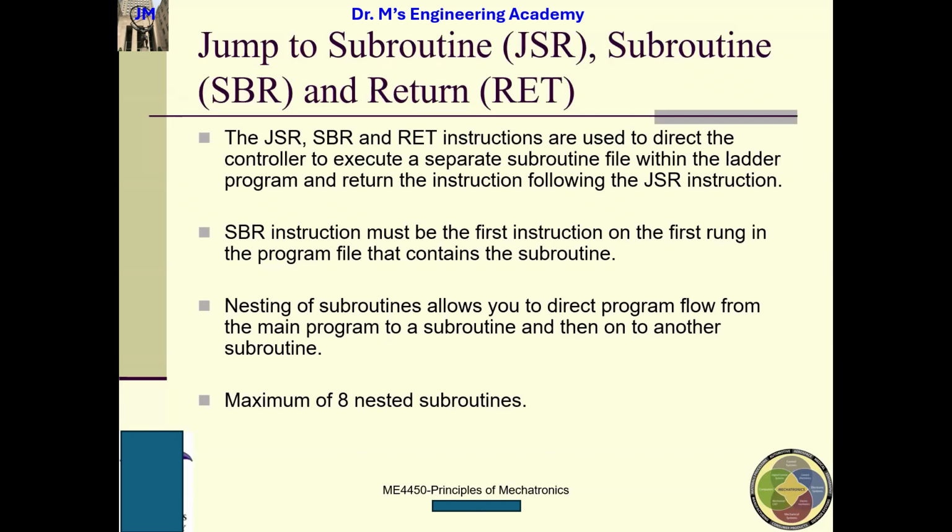The SBR instruction must be the first input instruction on the first rung in the program file that contains the subroutine. So this is SBR, right? Nesting of subroutines allows you to direct the program flow from the main program to a subroutine and then onto another subroutine. So a maximum of 8 nested subroutines.